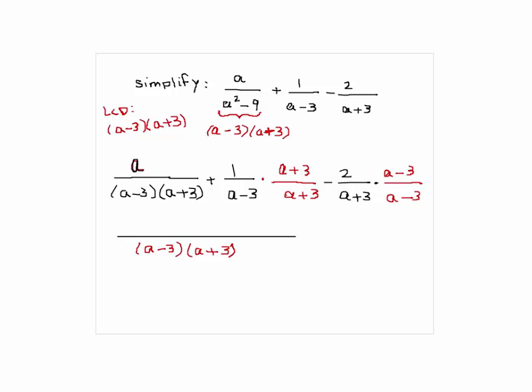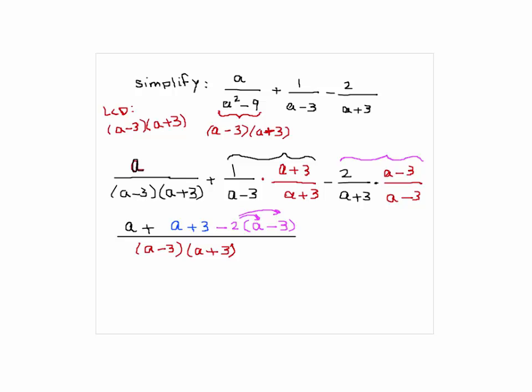The first one would be a, and the second one would be right here, which gives me 1 times a plus 3, which is a plus 3. And the next one would be right here, minus 2 times a minus 3, which I can distribute here.